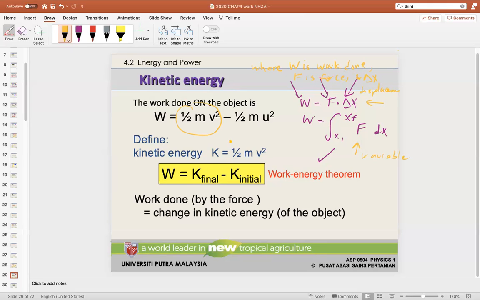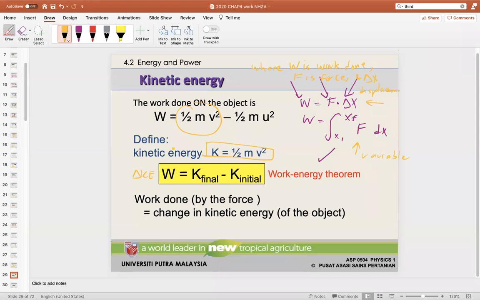The work energy theorem is delta KE. It's different, it's the change in work done.